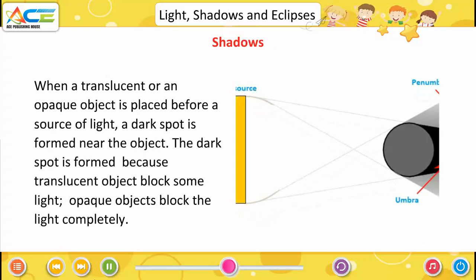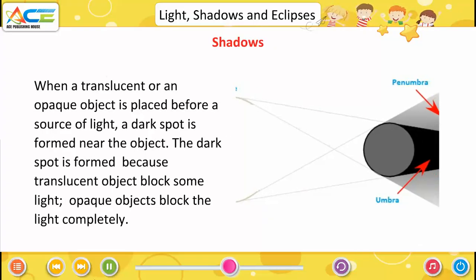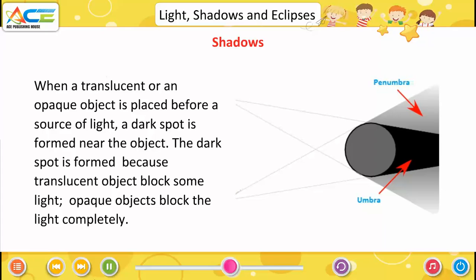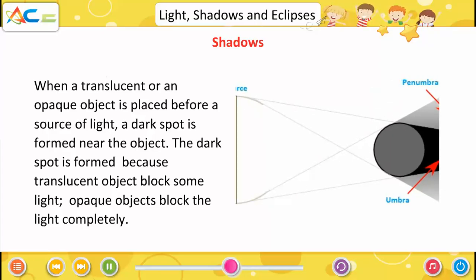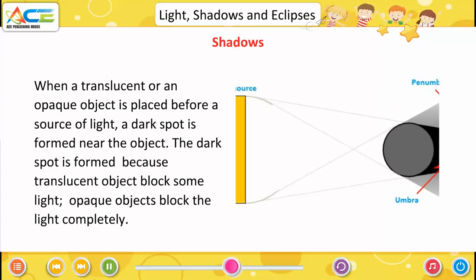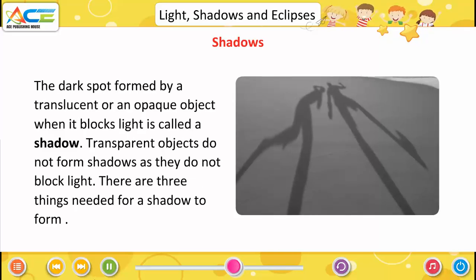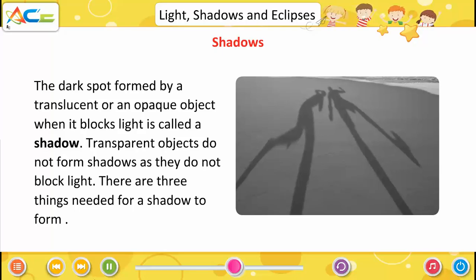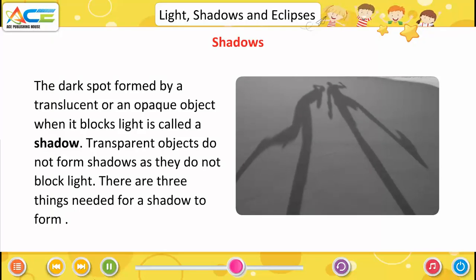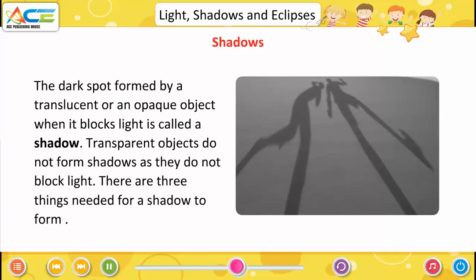Shadows. When a translucent or an opaque object is placed before a source of light, a dark spot is formed near the object. The dark spot formed by a translucent or an opaque object when it blocks light is called a shadow.